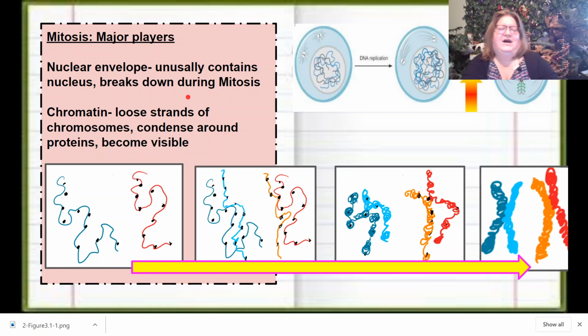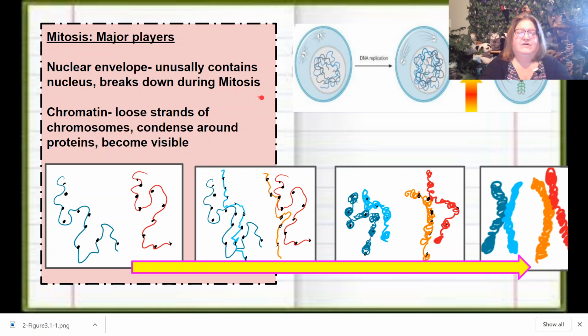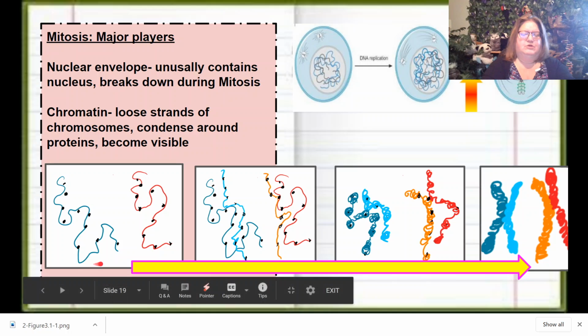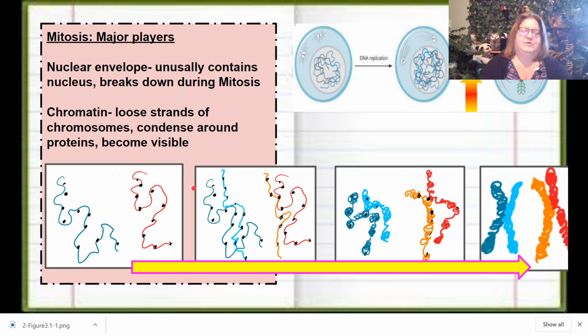So here, let's practice our terms. We have two chromosomes, one blue chromosome and one red chromosome. Now they're nice and uncondensed. What we're going to do is start wrapping them around the histone proteins.